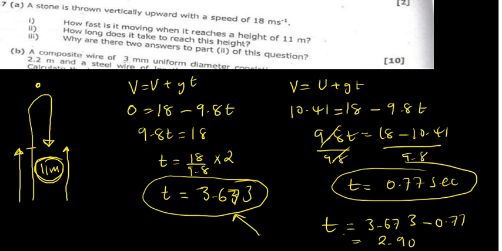The other formula gave us 2.88 and 0.77, which is basically the same, because 2.88, if we round off to one decimal place, is going to give us 2.9, which is the same as this one, and the 0.77 is the same as that one. So there are many ways to kill a rat.